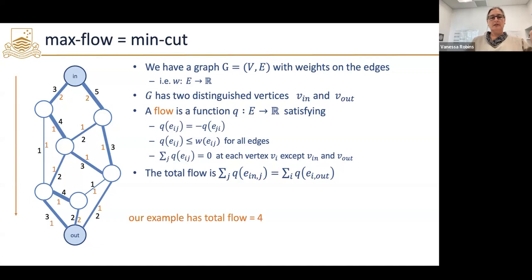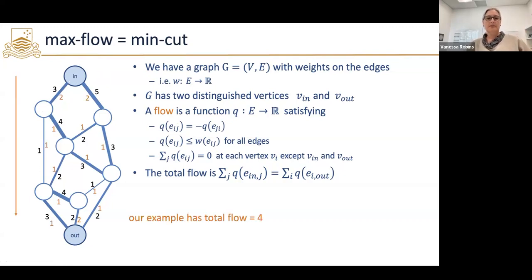And then a flow is the total amount leaving the inlet, which has to equal the total amount coming into the outlet, right? Because we also impose this conservation of mass, that the sum of whatever's coming into the vertex has to equal whatever's going out, okay?